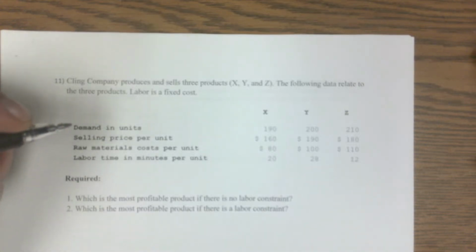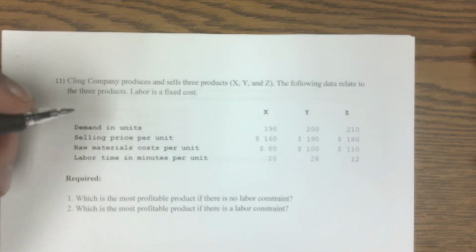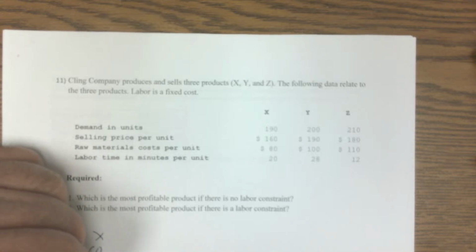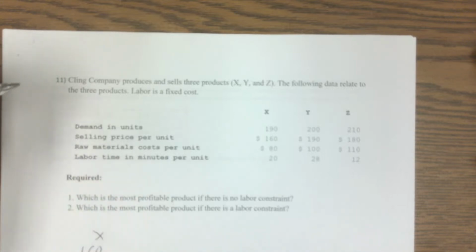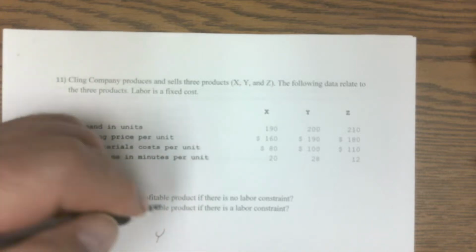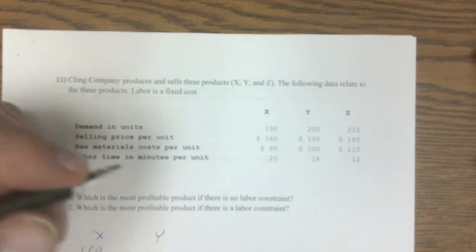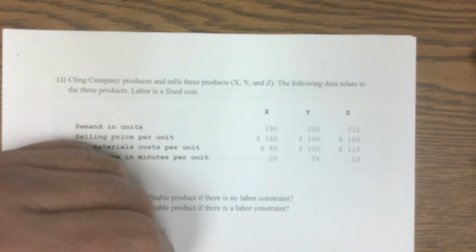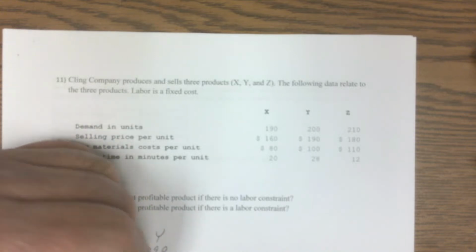So the most profitable product will be the selling price minus the raw materials. So X is 160 minus 80 is 80. That's our contribution margin. Y is 190 minus 100 is 90.